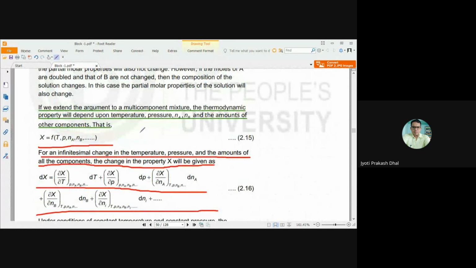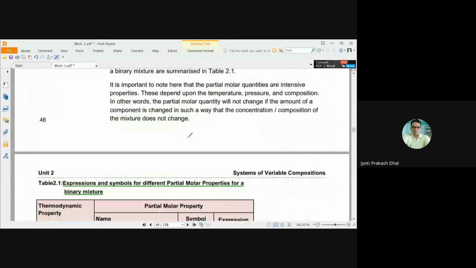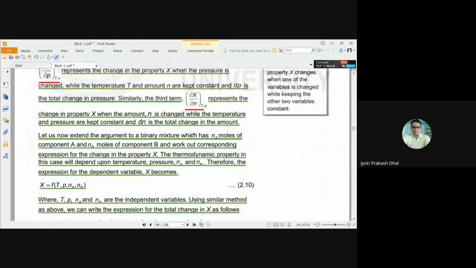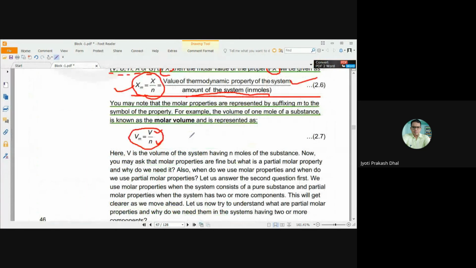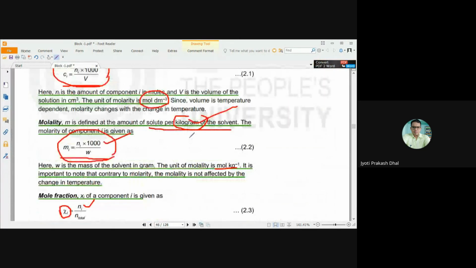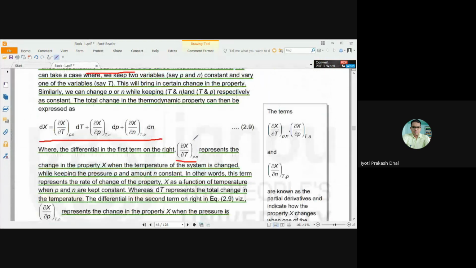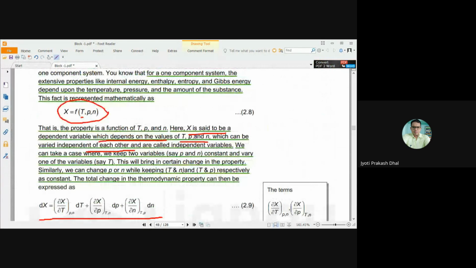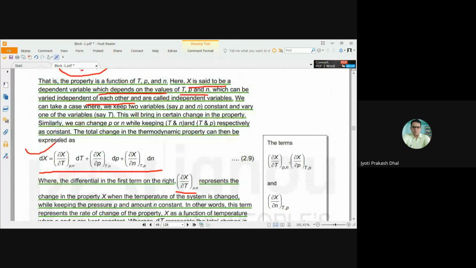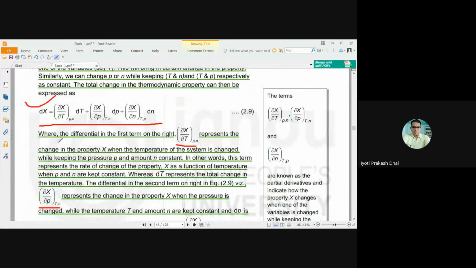Now, if we extend the argument to multi-component systems, in this derivation section you can see that initially we considered the partial molar property for only one component, that is, the change in an extensive thermodynamic property with respect to change in amount of that component.